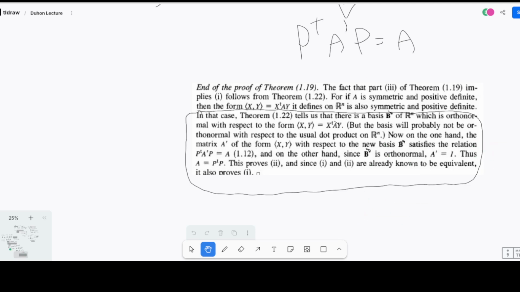Well, let me just say that, wait, what am I doing? The theorem is here. 3 implies 1. That's because when we have this, I'm not sure where exactly, but this guy right here is implied, actually, to be the identity matrix.